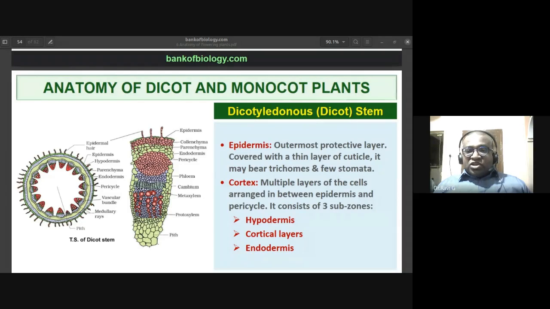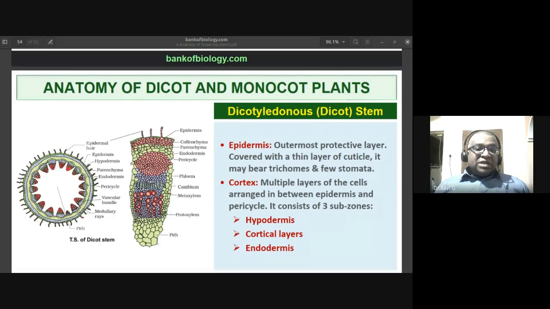So for the enlarged section, a small portion of it we enlarge, and we are showing the various tissue layers that are there. The first layer is the epidermis, and on top of it you can draw the cuticle layer. They have multicellular epidermal hairs or trichomes that you can show.